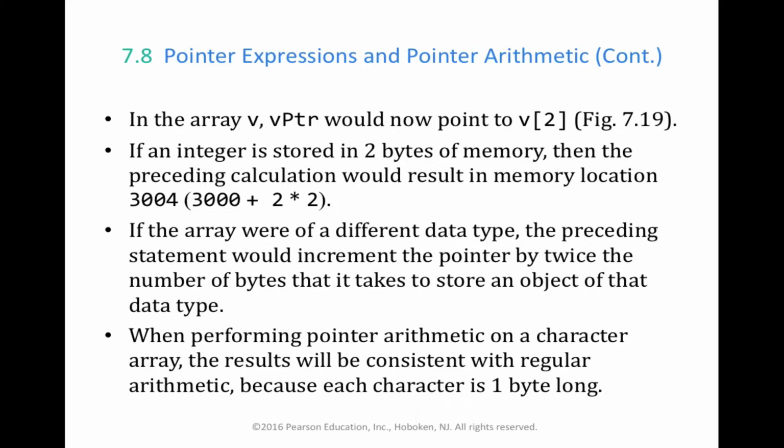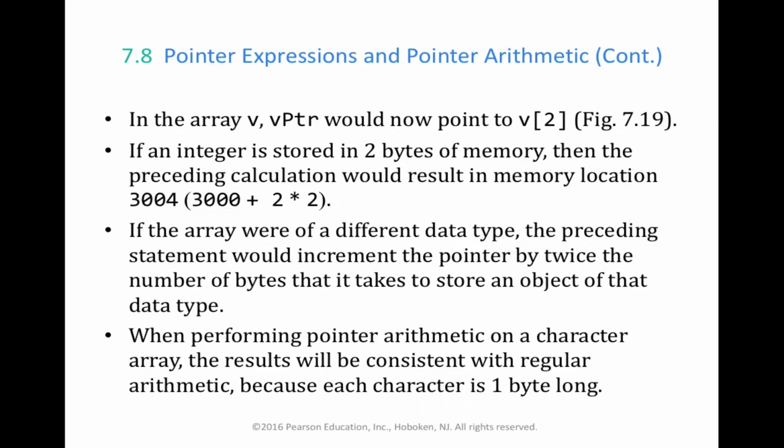We're adding 2 complete integers, or 2 complete doubles, or 2 complete longs, or 2 complete shorts, or 2 complete characters when we add 2 to a pointer. If the array were a different type, it would increment that pointer by twice the number of bytes it takes to store an object of that type. Again, we're moving essentially 2 elements. We're adding 2 elements on, or 2 indexes on, to where we're pointing.